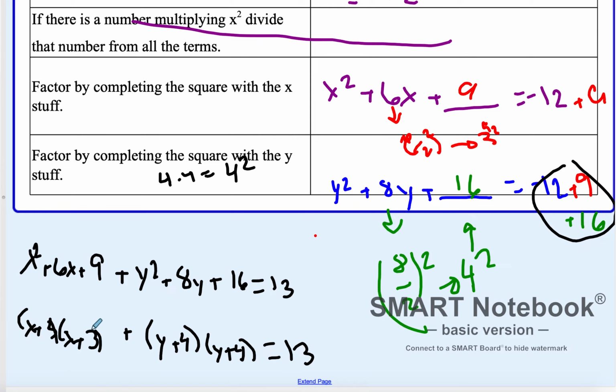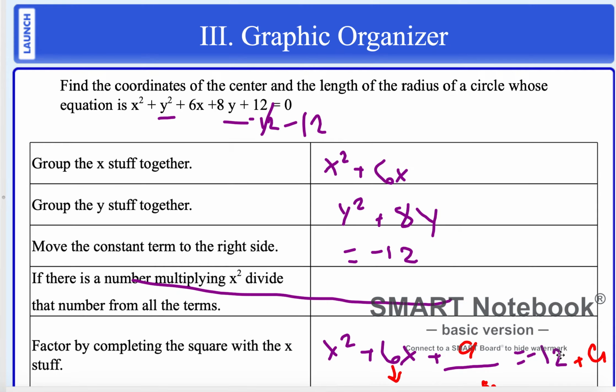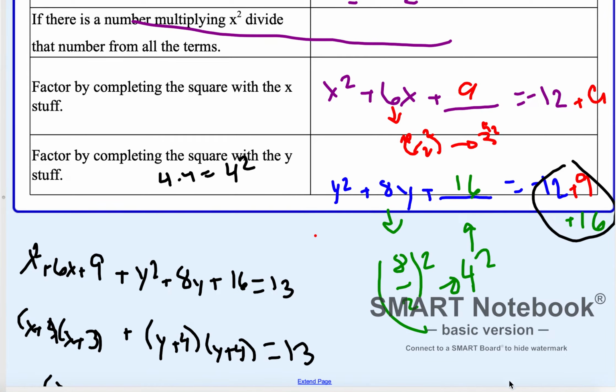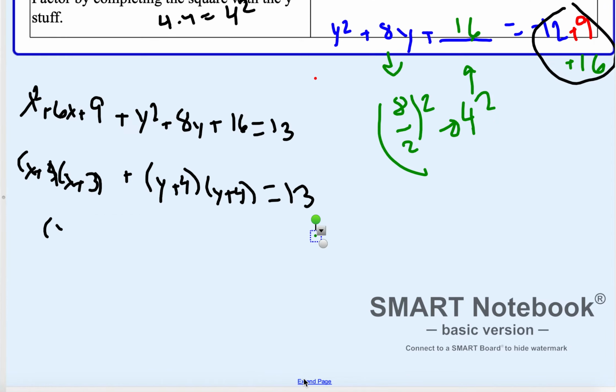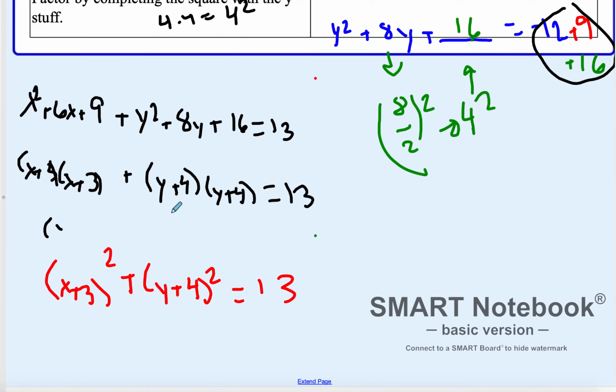So in this case, we can just rewrite it like this: x plus 3 squared plus y plus 4 squared equals 13.